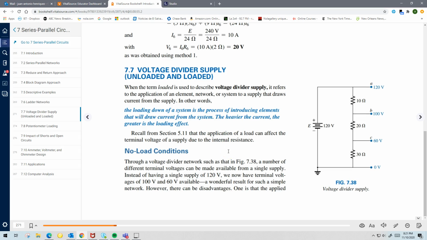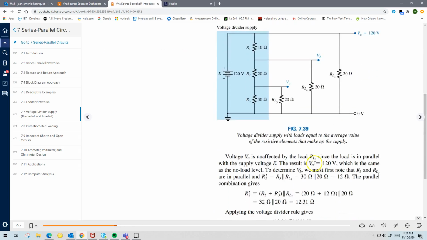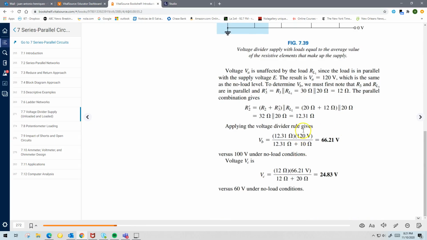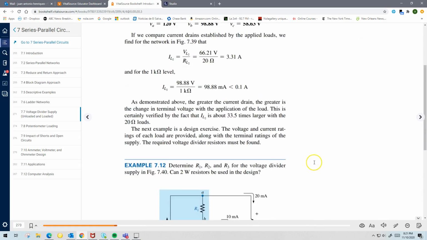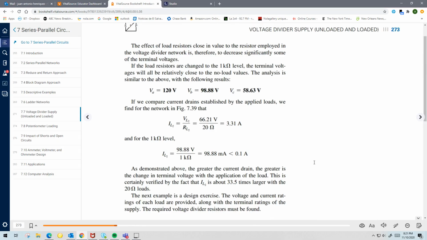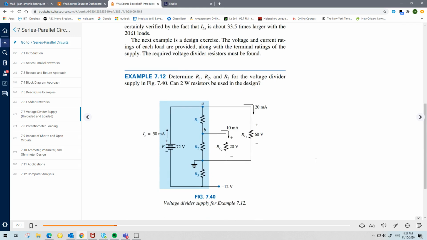So circuits under no-load conditions are going to draw less current than circuits under load conditions when we put something across them. Okay. I'm not going to go into a lot of details, but I just want you to get the idea that when you put a load across the circuit, then you're drawing more current, okay? And the characteristics of your source are going to change, okay?